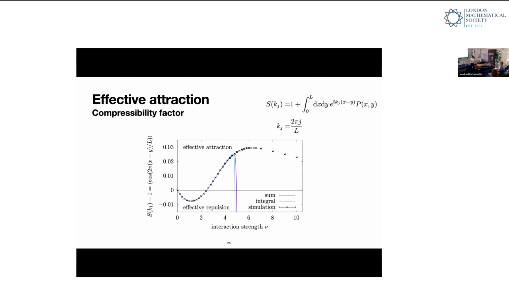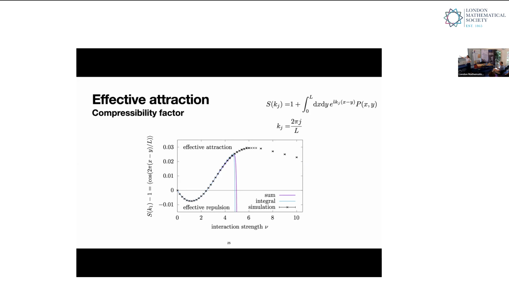The reason why I'm showing this is because I want to point at two things. One is, as we increase this perturbation, this interaction parameter, the leading order behavior is effective repulsion. There's some threshold below which we say the system is behaving repulsively, above which we say it's behaving attractively.